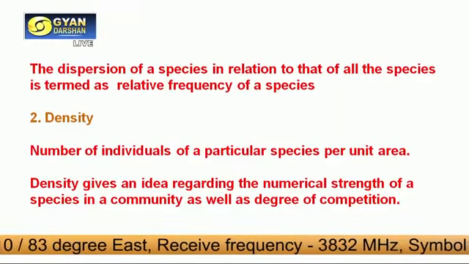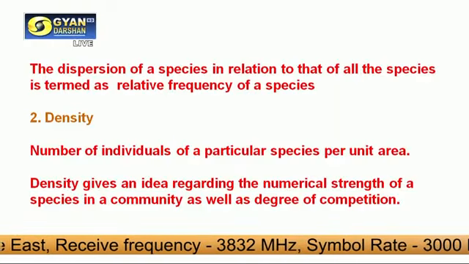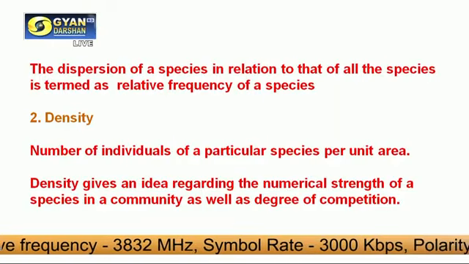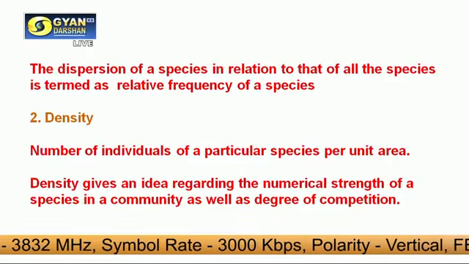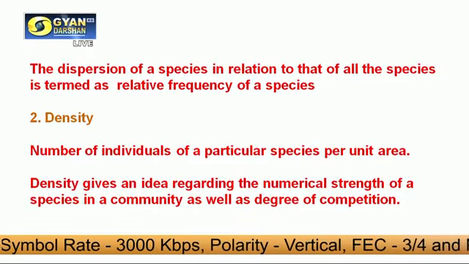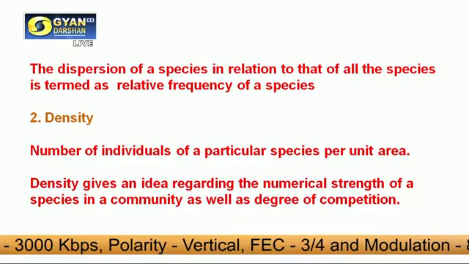Next comes density. What is density? Whenever we talk about density, that means per unit area. We are calculating the number of individuals of a particular species per unit area. So density gives an idea regarding the numerical strength of a species in a community as well as the degree of competition.